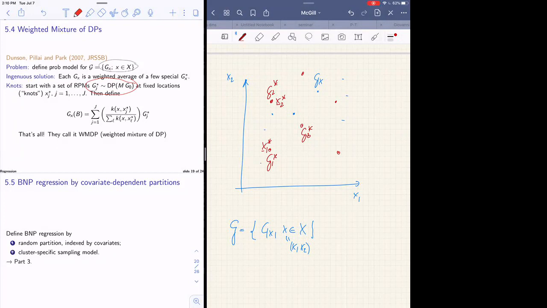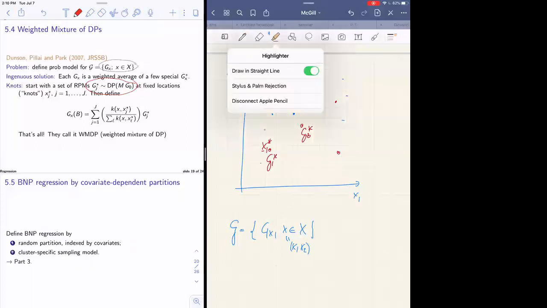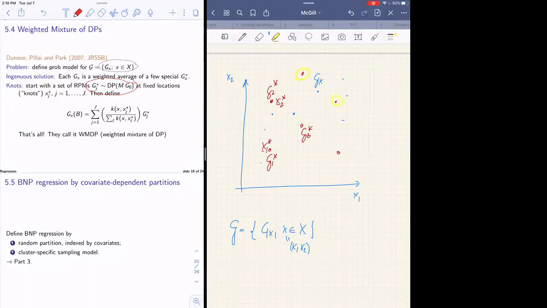We put the prior probability model on the red guys, on those reference covariate values, and then we define a random probability measure G sub X for any of the X's simply as a weighted average. To construct the blue G sub X, we just use a weighted average of essentially the neighboring reference red G sub X star.